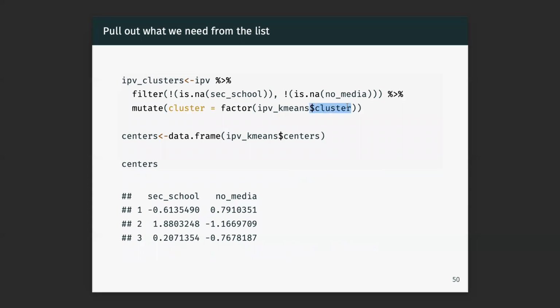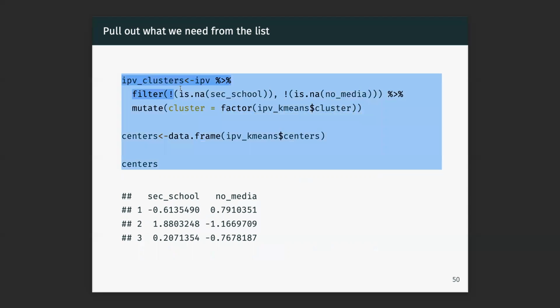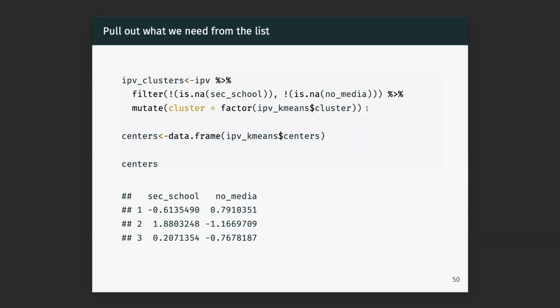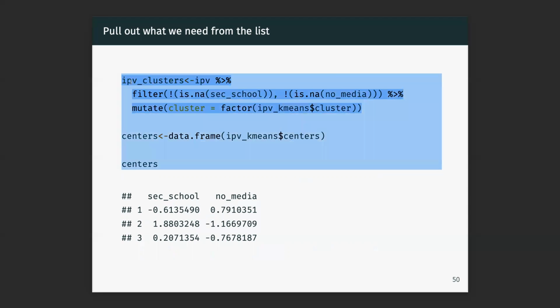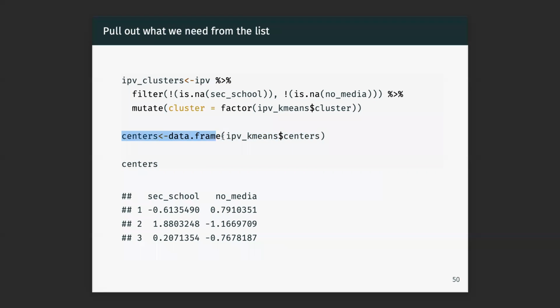So I'm going to pull out that object, and I'm going to turn it into a factor variable on my initial IPV data frame, right? I'm going to remove missings, and I'm going to assign this factor 1, 2, 3 onto my observed data. And then I'm going to also extract the centers from the initial object as its own data frame, so we can see where these centers are.